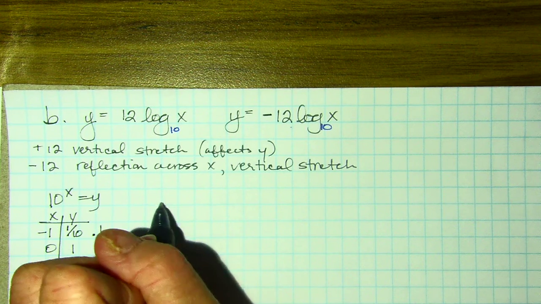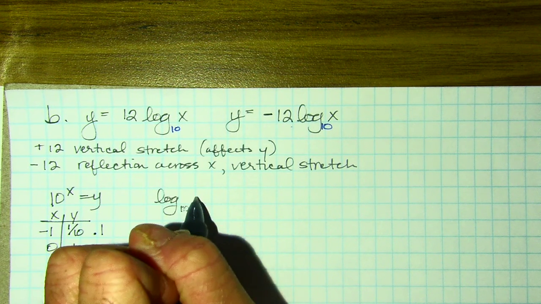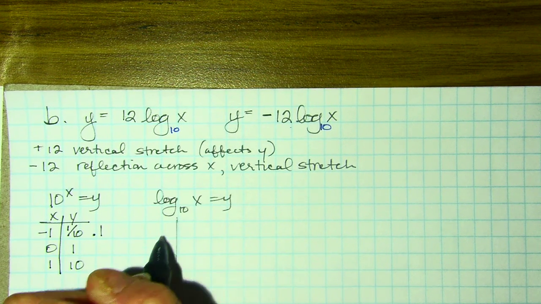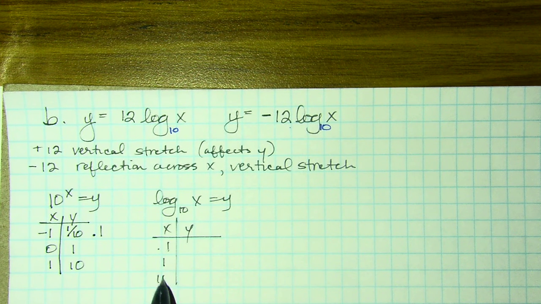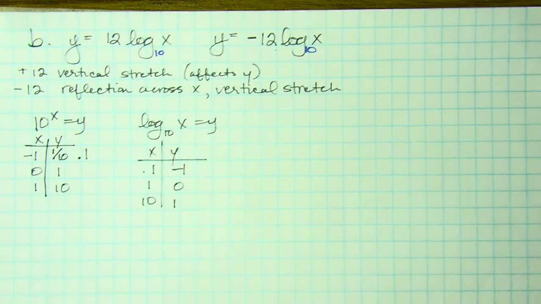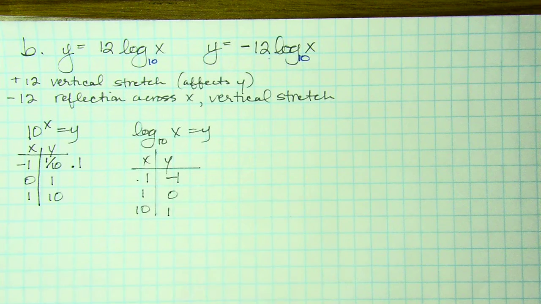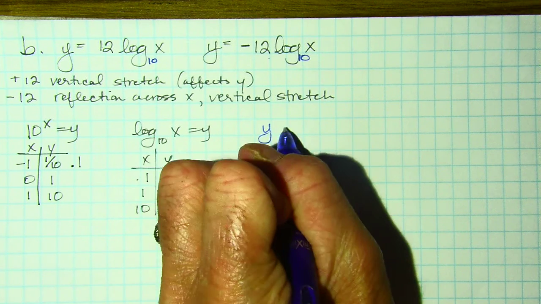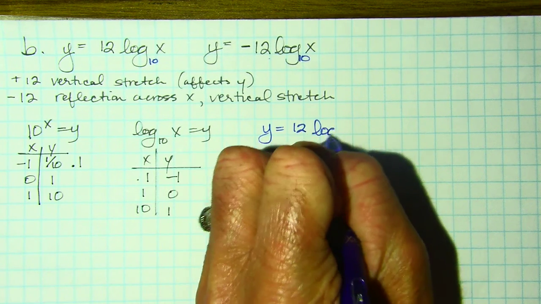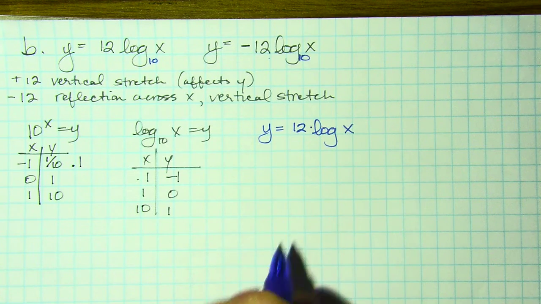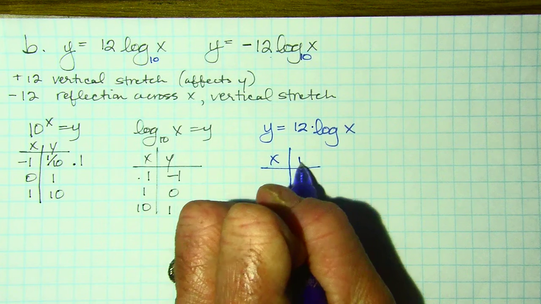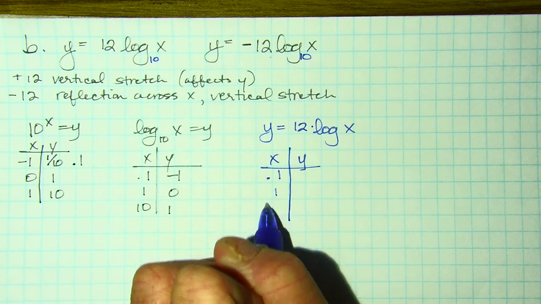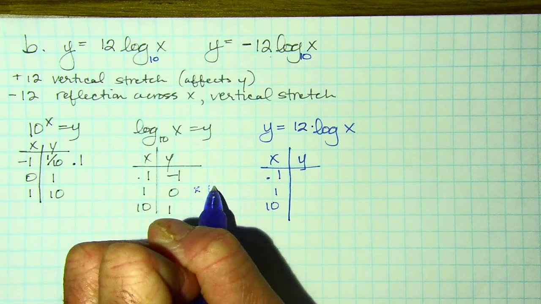Okay, so log base 10 of x equals y would be 0.1, 1, 10, negative 1, 0, 1, right? So now I'm going to transform that one to be y equals 12 times the log of x. So I am only affecting my y value. So this is 0.1, 1, 10, but I'm going to multiply these y values by 12.